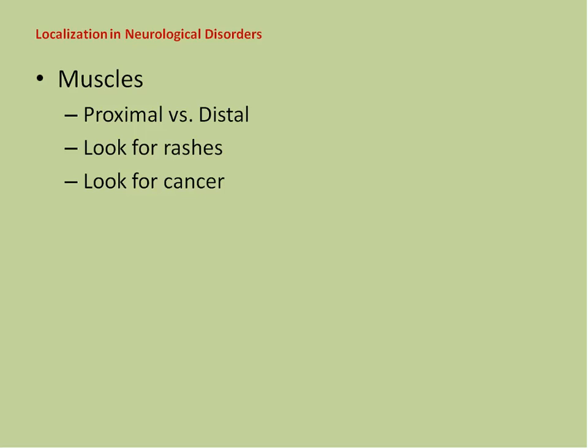There are three common conditions that come in proximal versus distal weakness in adults and senior citizens. They are polymyositis, dermatomyositis, and inclusion body myositis.